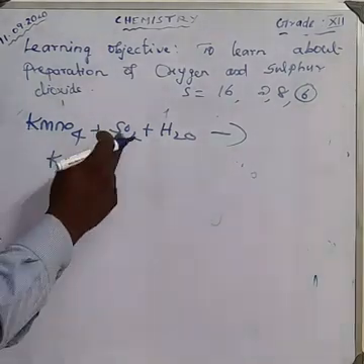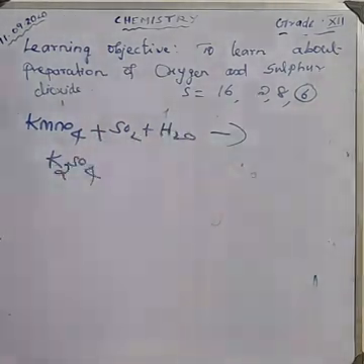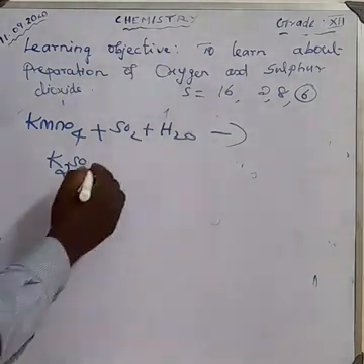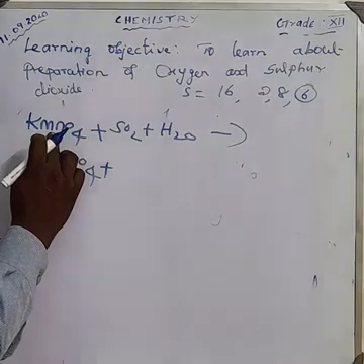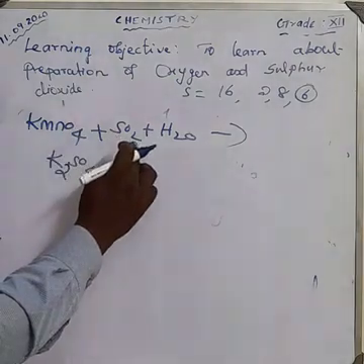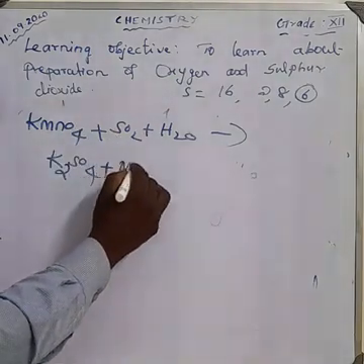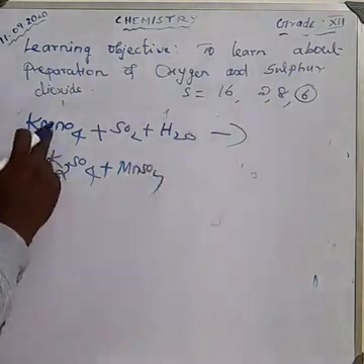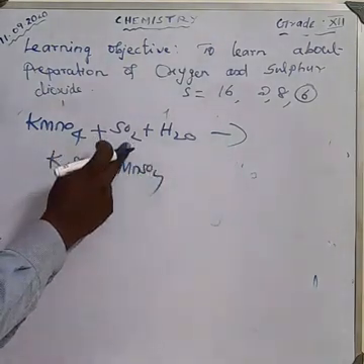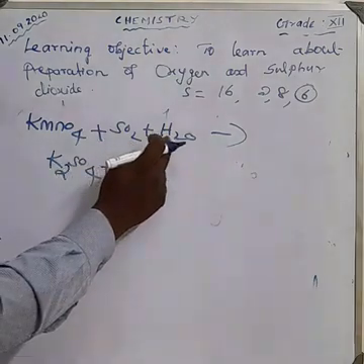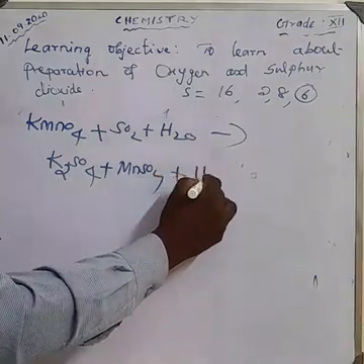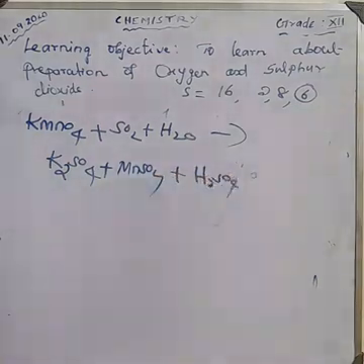Potassium combines with sulfur dioxide plus oxygen to form a sulfate ion, giving potassium sulfate. Mn combines with sulfate to form manganese sulfate, and hydrogen combines with sulfate to form H2SO4.